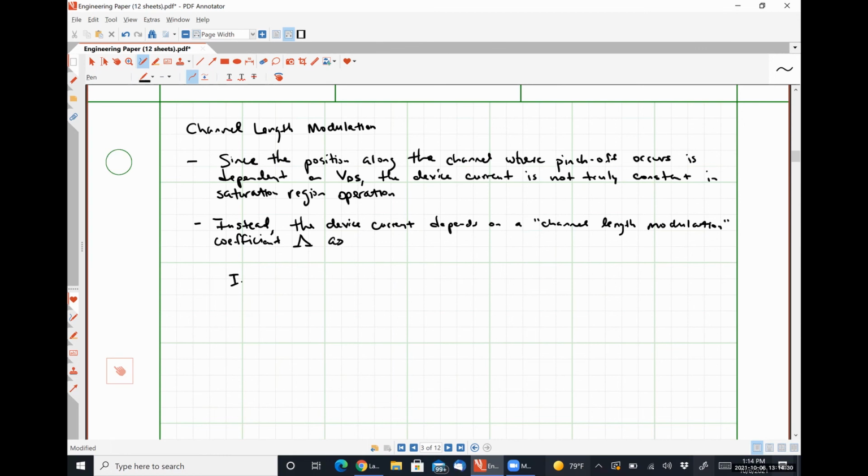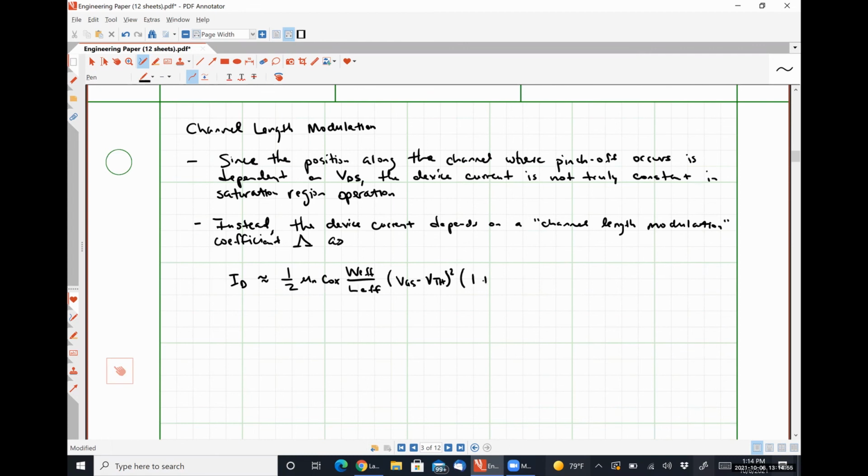where our drain current now is 1/2 μn Cox W effective over L effective, VGS minus VTH squared.